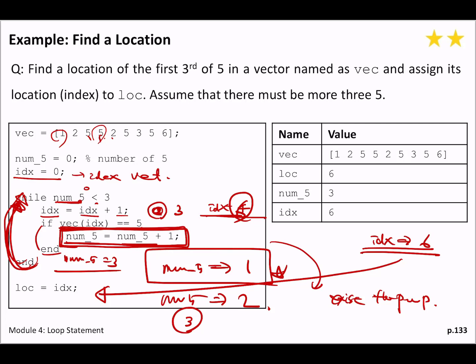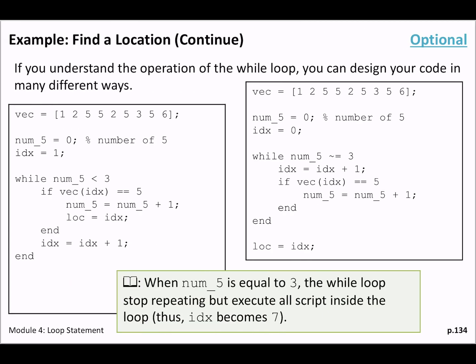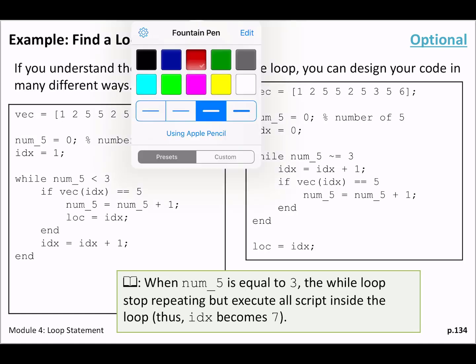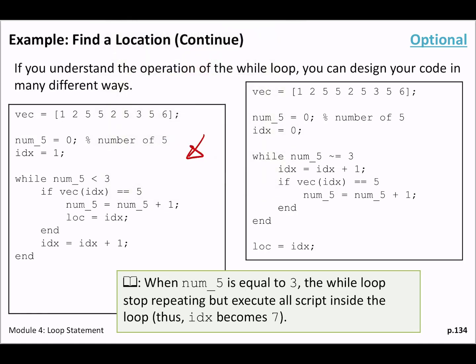Do you understand how this while loop structure works? Okay, good. So we can design the same program in a different way. Actually, this is my first script when I solved this problem. I placed location inside the if statement like this, not outside.